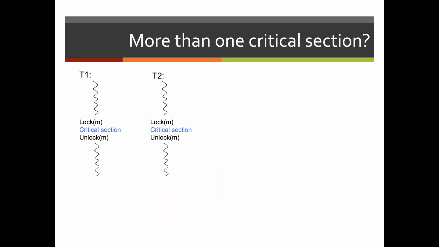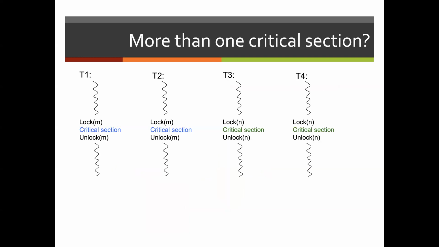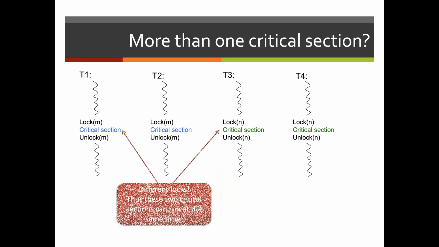So what is the critical section in play? If we have threads T3 and T4, we'll notice that T1 and T2 have, in comparison to T3 and T4, different locks.